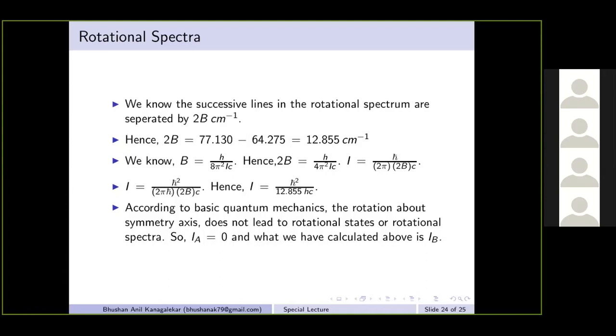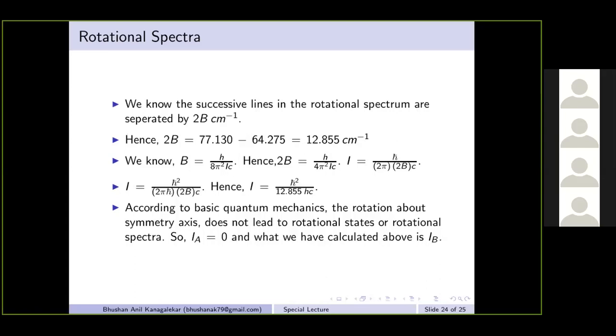After some mathematics, from h by 4 pi square I take one h by 2 pi and assign that value as h cross, and then another 2 and another pi remain, with 2B and c in the denominator.